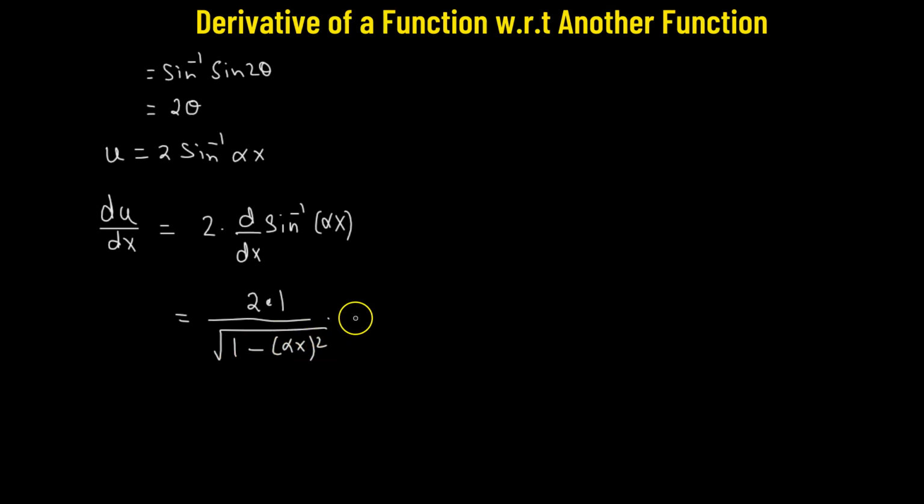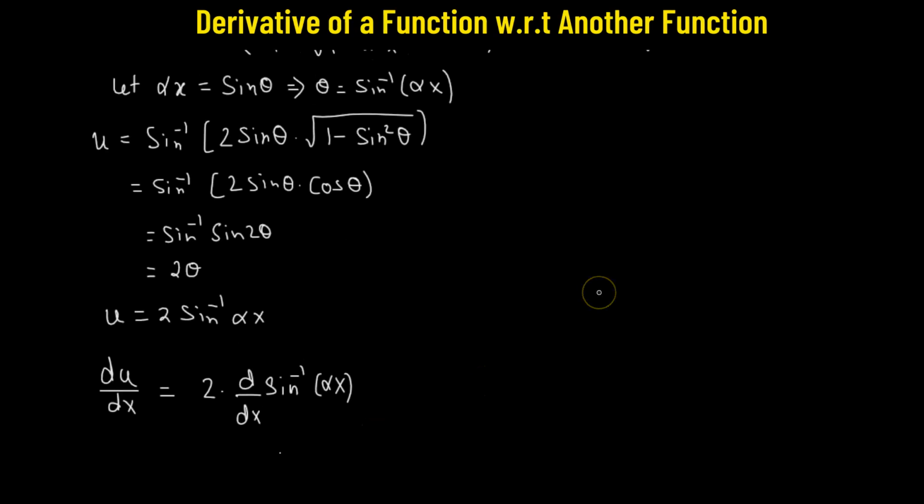Now we use the chain rule and multiply by the derivative of alpha times x, which finally gives us 2 alpha divided by square root of 1 minus alpha squared times x squared. So this is the derivative of u with respect to x. Let's keep it aside and label this as number 1. We'll come back to it in a moment.